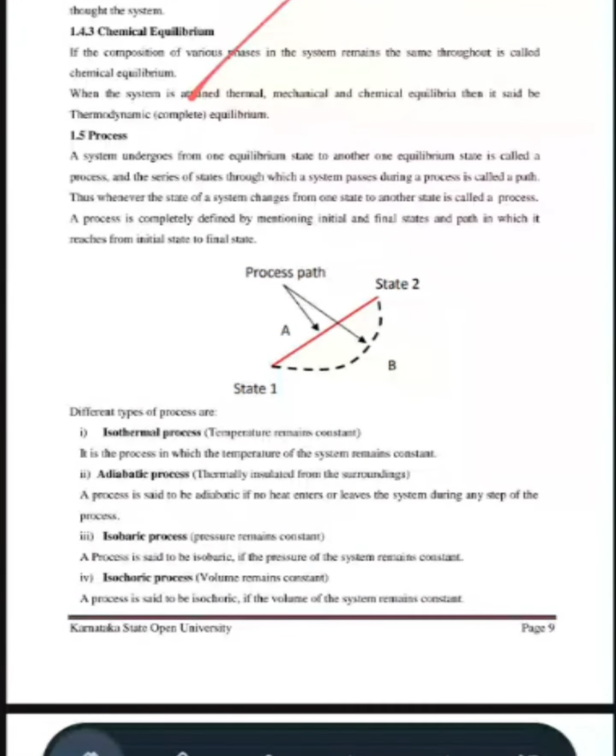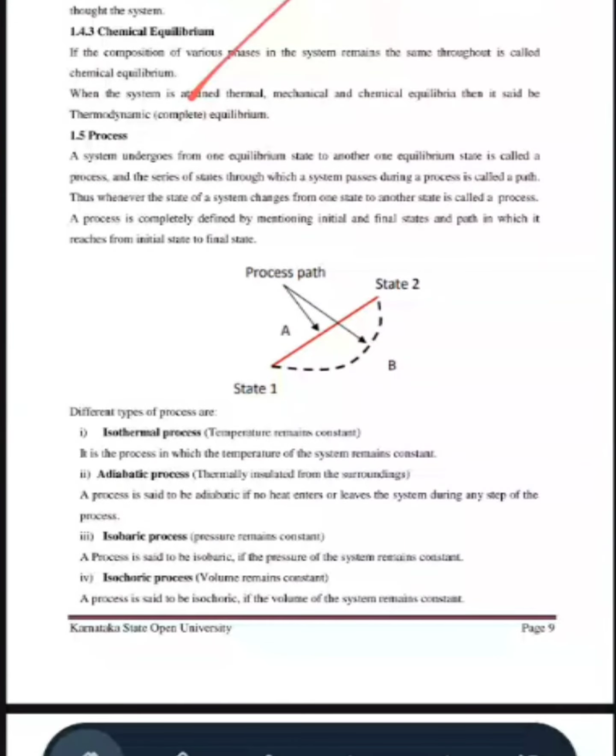So that can be called mechanical equilibrium. And with respect to chemical equilibrium, the composition of the various phases of the system remains constant, meaning there is no reaction taking place inside the system. So that is known as chemical equilibrium.